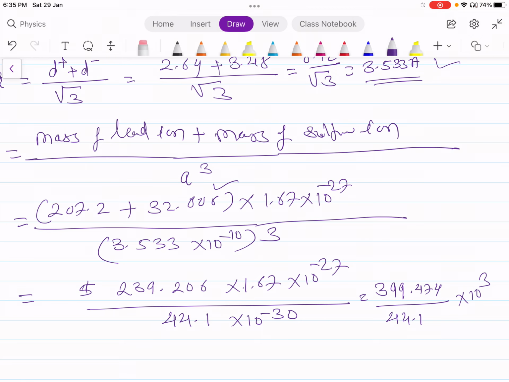So this divided by 44.1, and that is equal to 9.06 into 10 to the power 3 kg per meter cube.